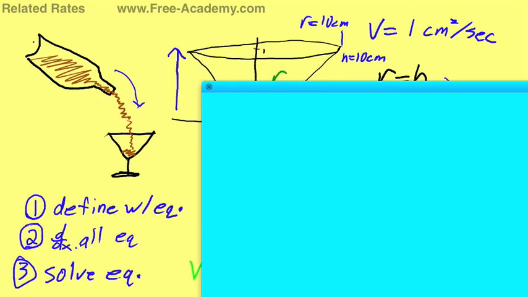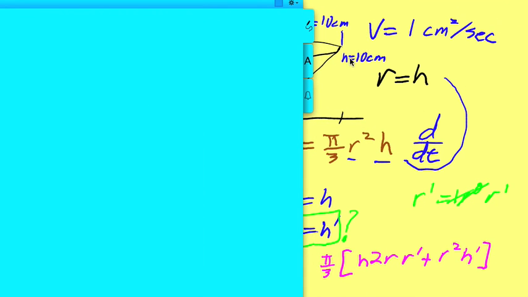Alright, now we have that. Just put this into a place where I can see everything, copy everything over. Pi over 3 times 2r prime h plus r squared h prime, and then of course r prime equals h prime.